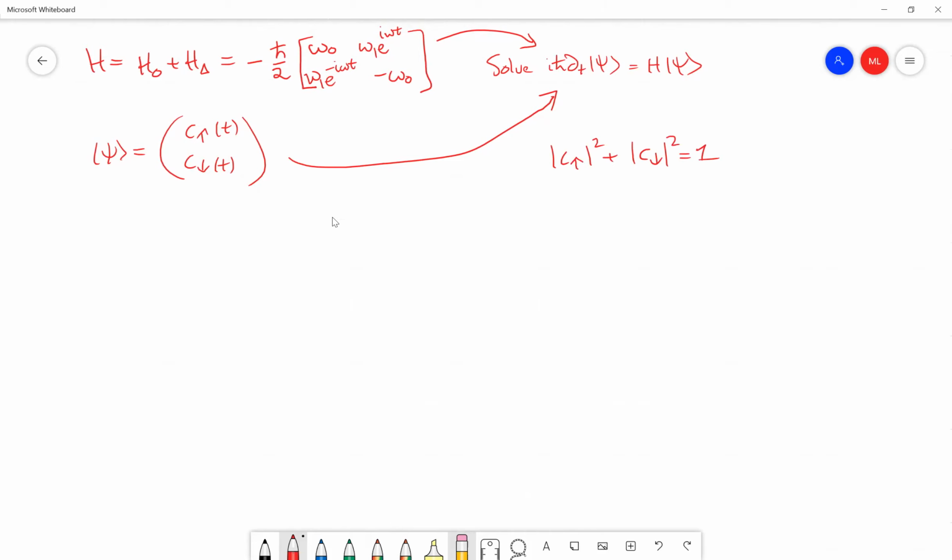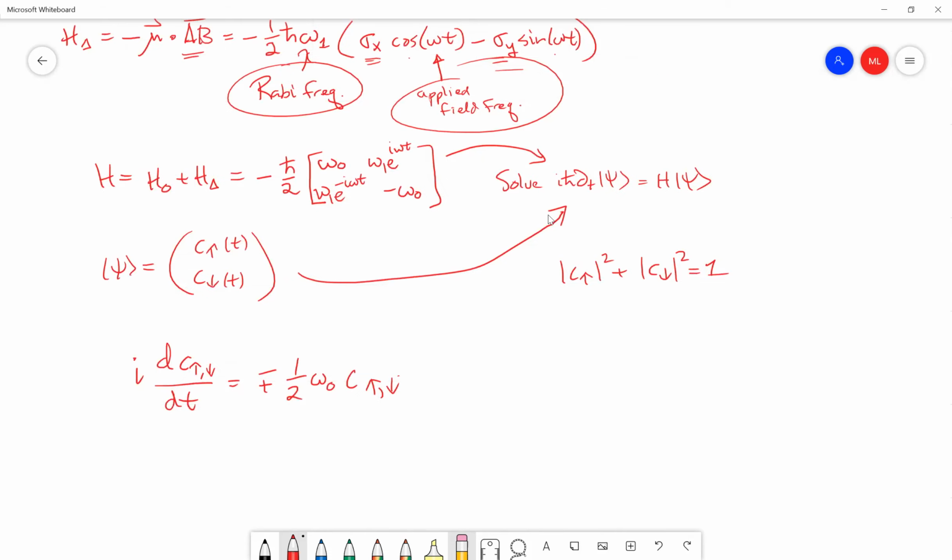Okay, so what do we get? We get that i times the derivative of C up, down with respect to t is equal to minus, plus 1/2 omega naught C up, down. That's the diagonal pieces, right? The h bars cancel on both sides. You just get the 1/2 minus omega naught for the up arrow, that's just this diagonal piece, and plus omega naught for the down case.